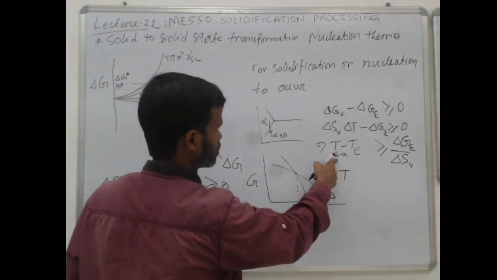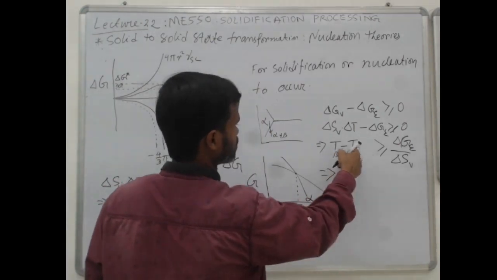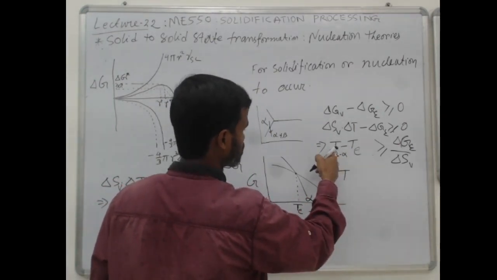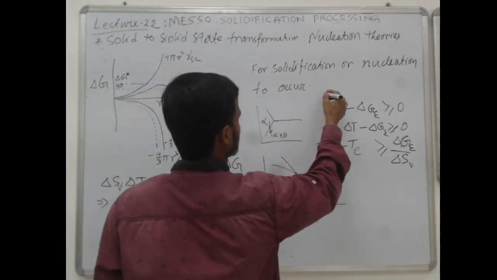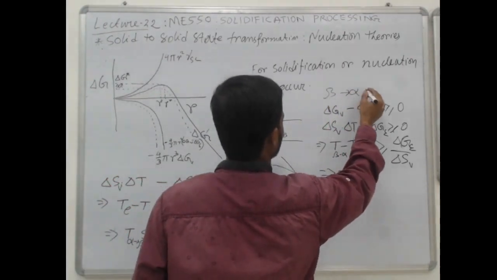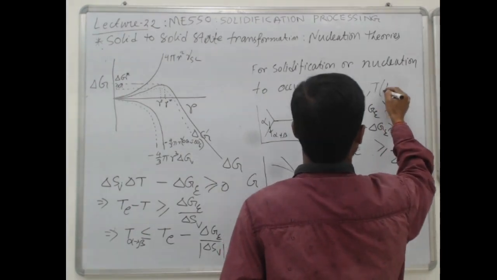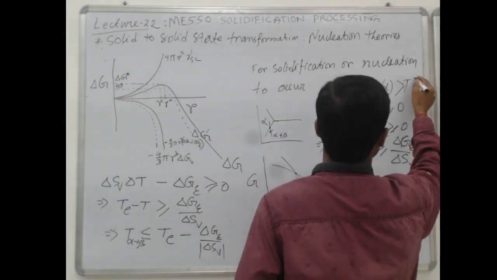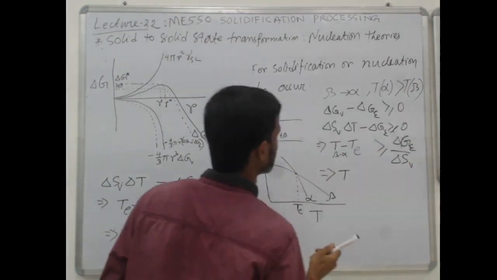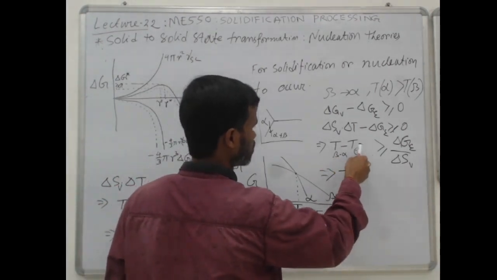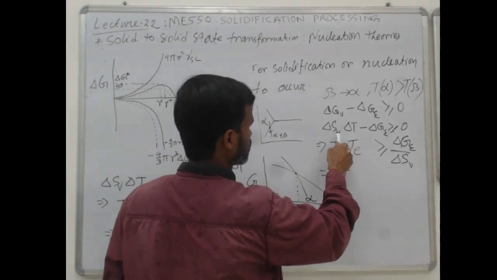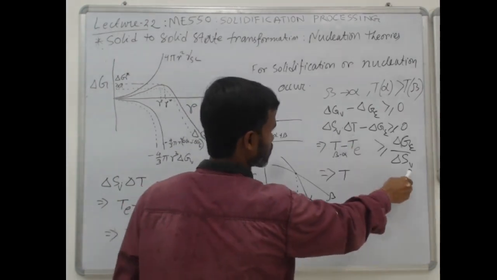This will be higher than the equilibrium temperature, the transformation temperature, because now we are moving from beta to alpha. So temperature of alpha is greater than temperature of beta. So T beta to alpha minus T_E will be delta T, and this is delta S_V equilibrium.